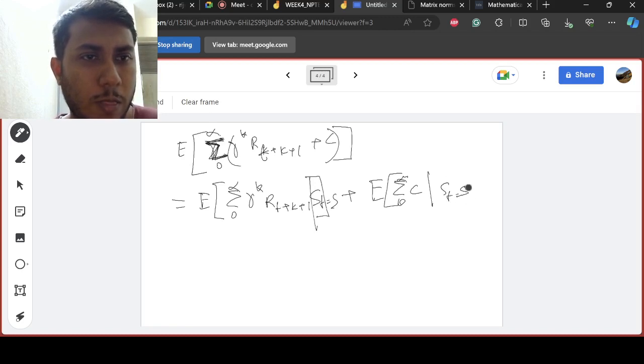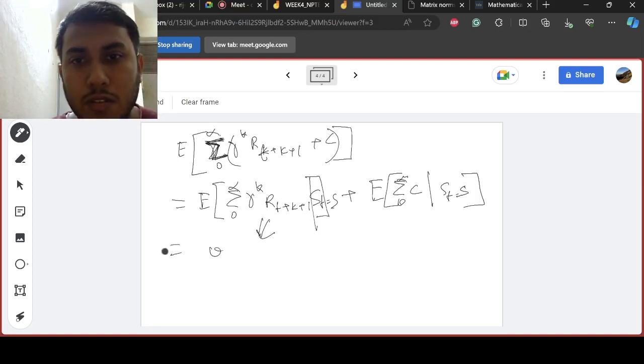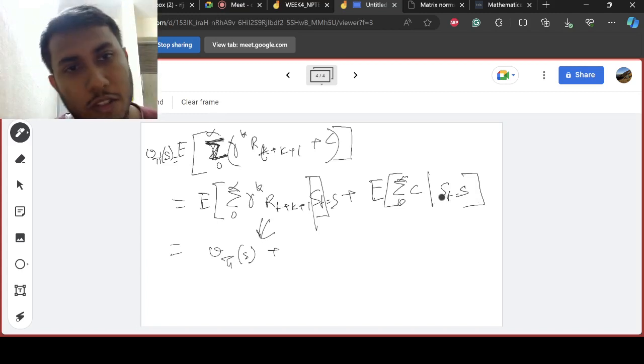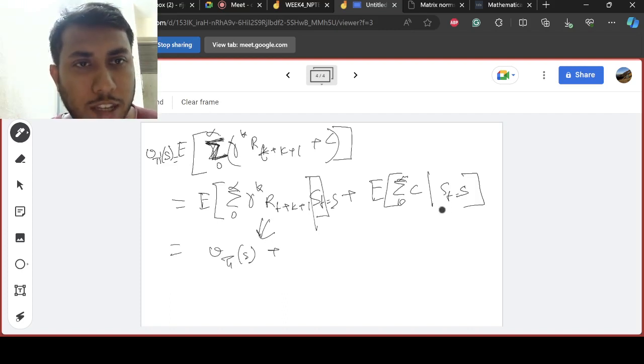Now this one is basically your v pi s, right? V pi s only, the formula. And now you have to calculate the expectation of this constant c. So this is basically an infinite series, right?